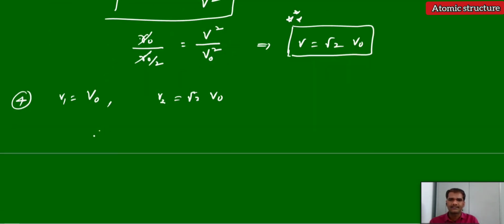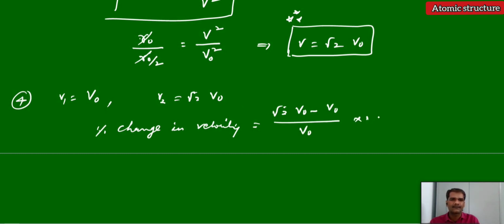Then percentage change in velocity is final minus initial by initial into 100. Final root 2 V naught minus initial V0 by initial, into 100. Root 2 means 1.414, so 0.41 into 100. You will get 41%. Here V naught cancels out. Root 2 minus 1 is 0.41, 41%.